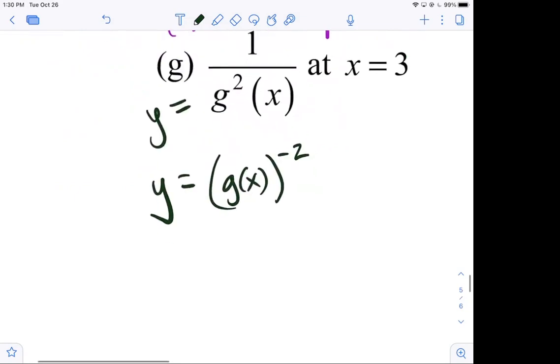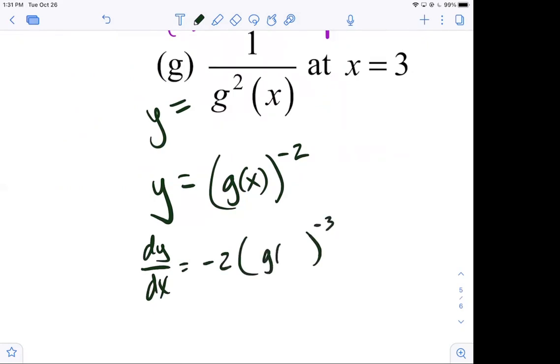There we go. And now the derivative of y with respect to x is, by the chain rule, negative 2 blob to the negative 3rd. Multiply, subtract. That's still just g of x times the chain rule, g prime of x. Nice.